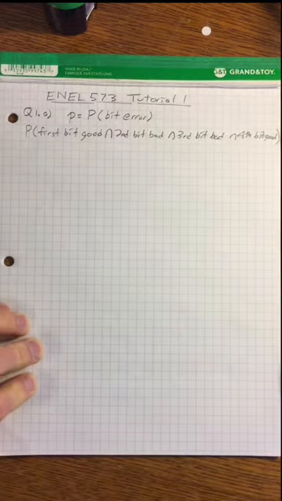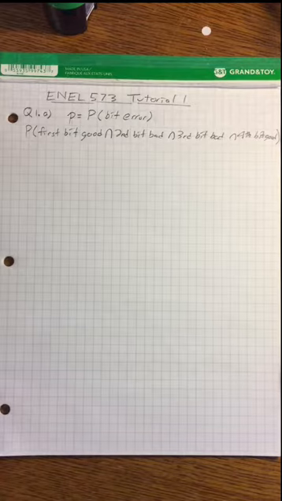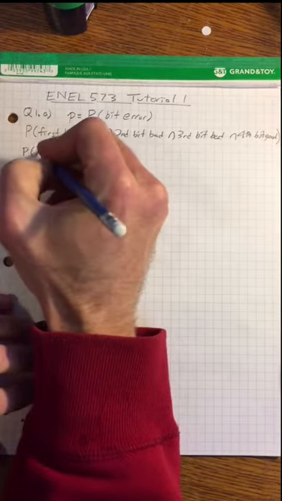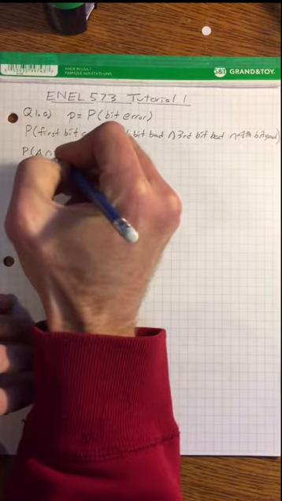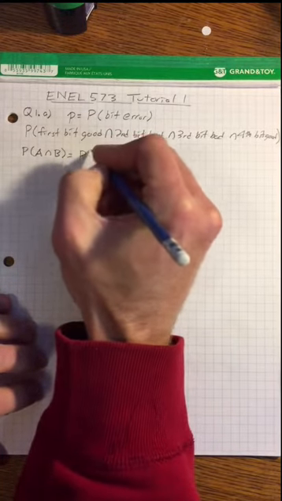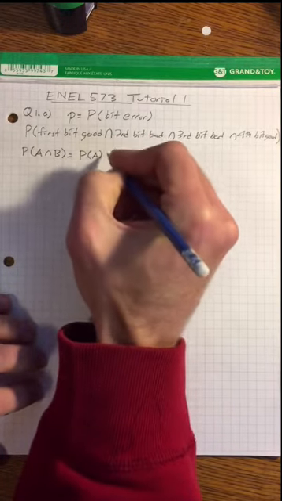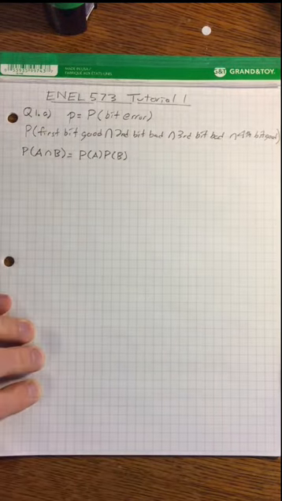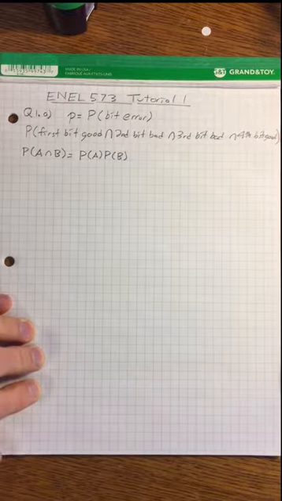Whenever you have the word "and," whenever you're trying to figure out the probability of, let's say, A and B, we can write this probability in terms of the probability of A by itself multiplied by the probability of B, as long as those two events are independent. And in this question, I tell you that the bit errors are independent.